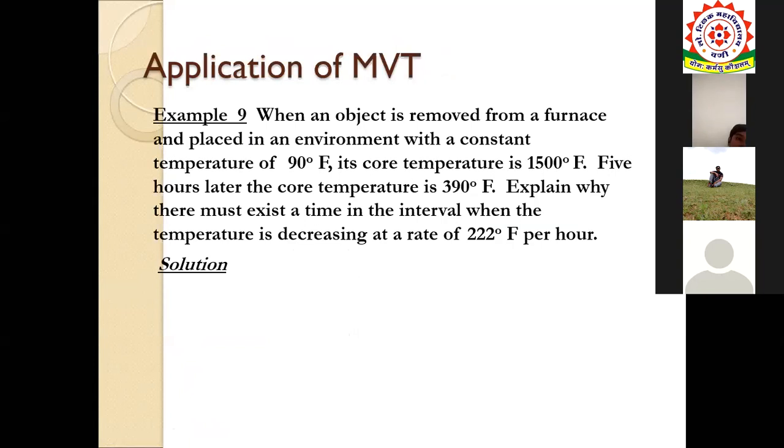You will work out its solution. When an object is removed from a furnace and placed in an environment with a constant temperature of 90 degrees, its core temperature is 1500. 5 hours later, the core temperature is 390.